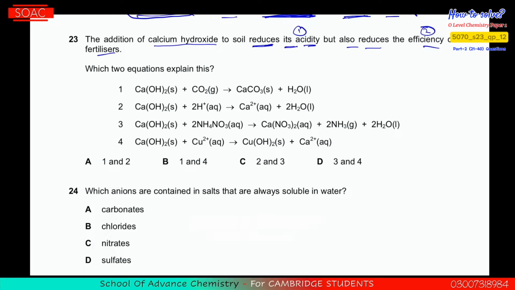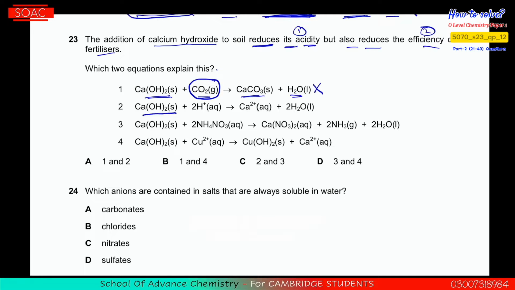Number 1, calcium hydroxide plus CO2 goes to calcium carbonate and H2O. This is the wrong equation, because there is no CO2 gas present in the soil. So this is not the appropriate option in this case.